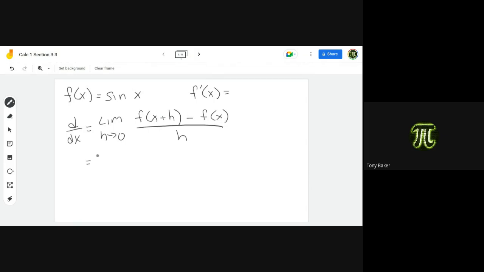So this one's going to be the limit as h goes to 0 of sine of x plus h minus sine of x all over h.